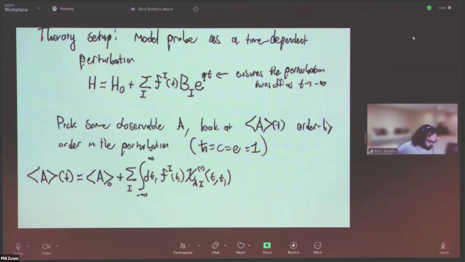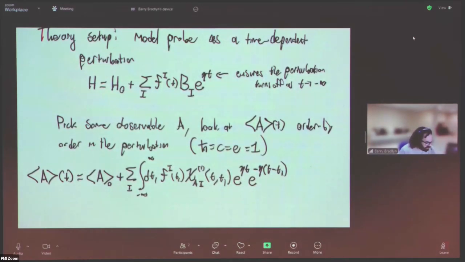And then it can depend on these convergence factors, which, for reasons that will become clear later, it's helpful to write that dependence like this. This is just this factor here.